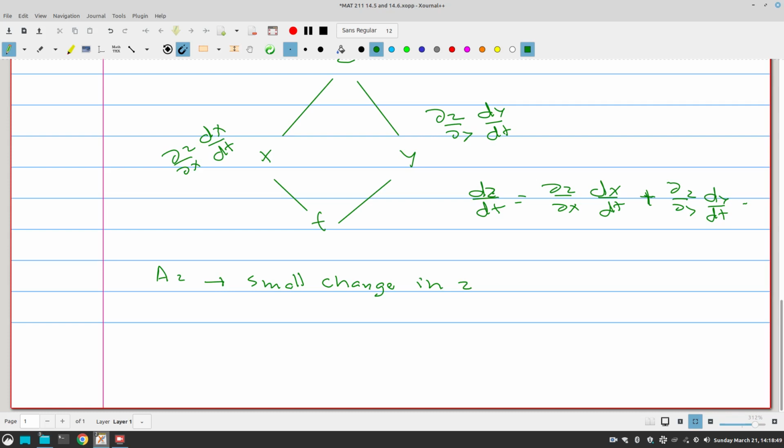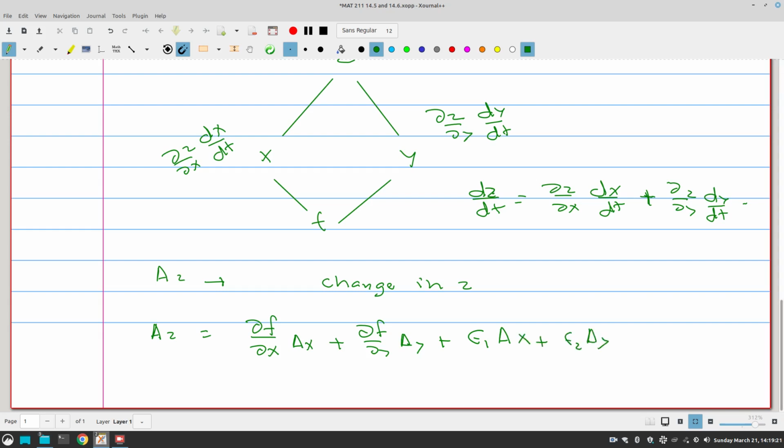Then delta z can be written as, actually it doesn't have to be small, right? Let's just let it be a change in z. So then delta z can be written as partial f partial x delta x plus partial f partial y delta y plus epsilon 1 delta x plus epsilon 2 delta y.